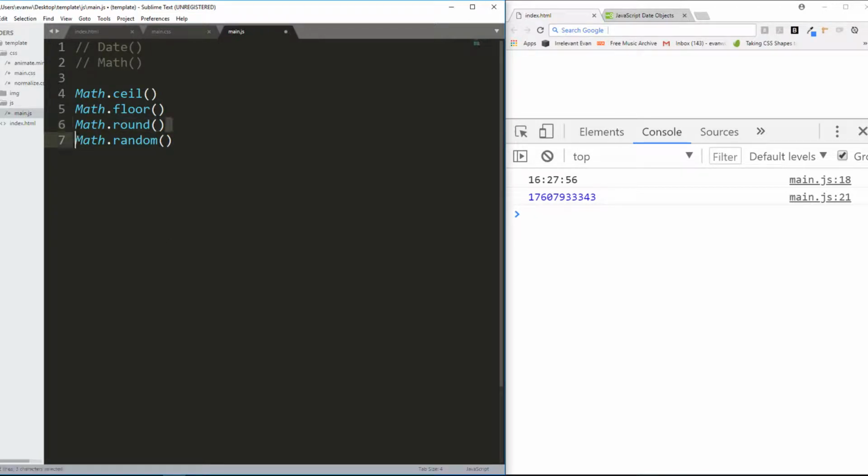So let's start with what should be the easiest one, Math.round. First of all, you should be asking yourself, what do these methods take as arguments? Can I simply execute Math.round in my console and expect to get a meaningful result? No, not really.